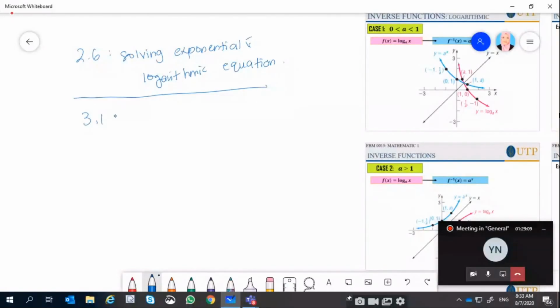And then in 3.1, you will have polynomials. In 3.1, you have to perform division operations for polynomials. You have to divide improper polynomials by using the long division technique. In 3.2, it is about rational functions.